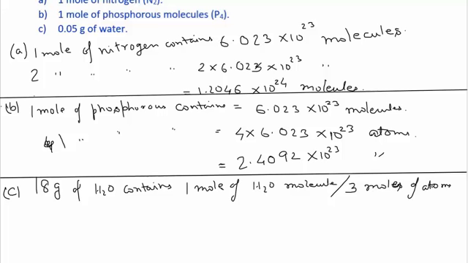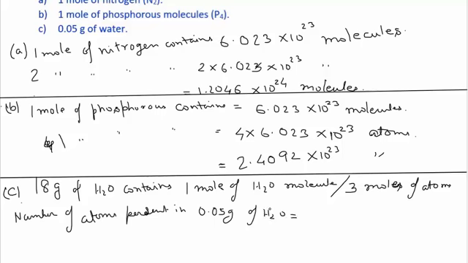So directly you can write, the number of atoms present in 0.05 gram of water will be equal to, first we multiply 3 moles by 6.023 into 10 to the power 23.